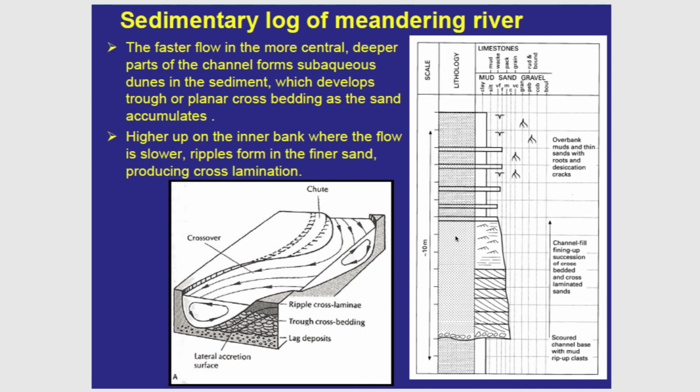So channel fill will fine up progressively, and also the dimension of the features you find will be reduced because you are lowering the energy. So in the top part you form the ripples, and then you have again those overbank deposits that tend to form with the vegetation, and again the evidence of an alternating pattern in which we tend to have mostly clays and silty materials.